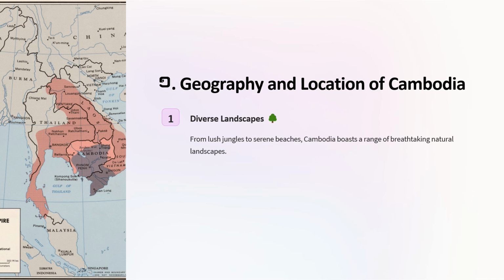transportation for millions of Cambodians, as well as the seasonal nature of the Tonle Sap. The Tonle Sap is the largest freshwater lake in Southeast Asia.